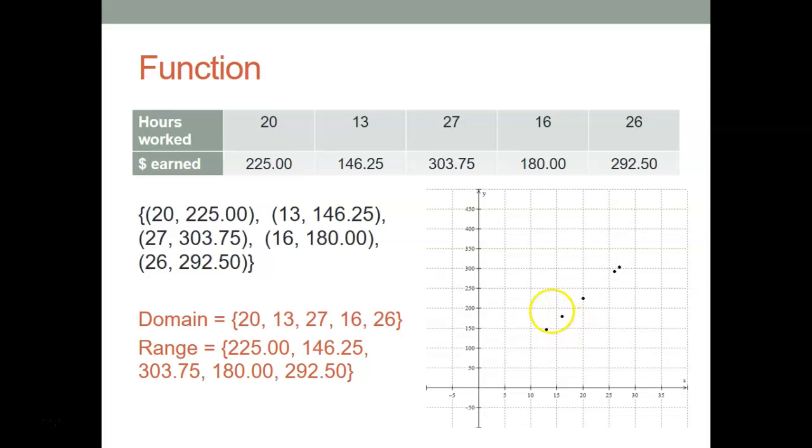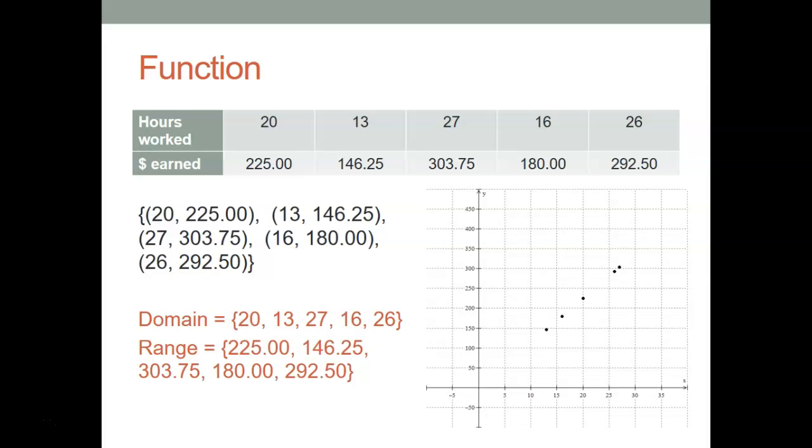So in the example we were looking at here, if we have just these 5 points, just these 5 pairs of numbers, the domain would be the set of all of their first coordinates. It's made up of 20 and 13 and 27 and 16 and 26.